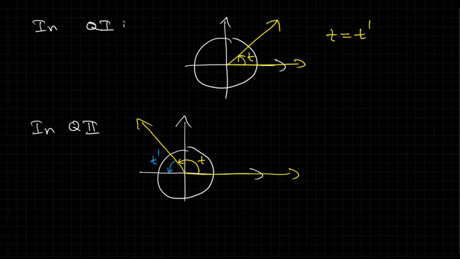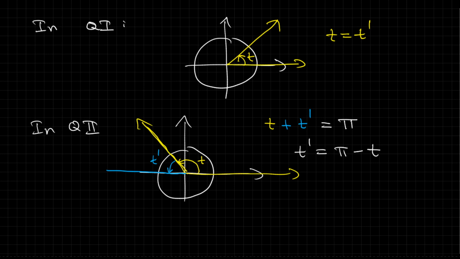And what you might notice is that if you start out by going a value of T, then of course you'd end up on the terminal side of T. And then if you go a little further by T prime, where do you end up? Well, you end up with an angle of pi. So this would be equal to pi. And then you can figure out what T prime is. T prime would be pi minus T.